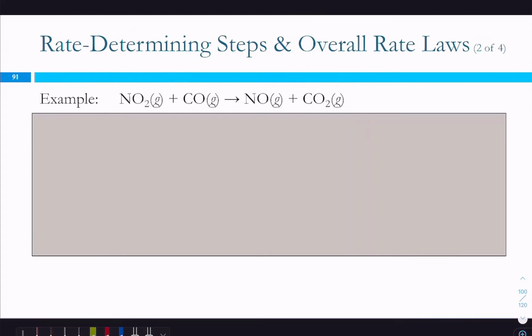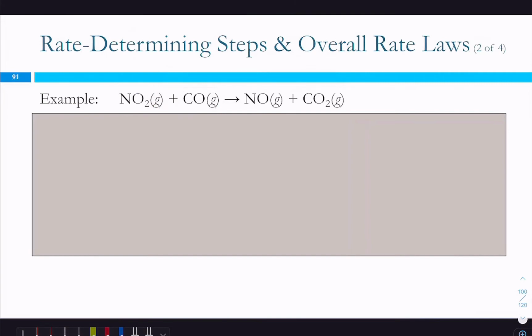These are gases, so we can use atmospheres interchangeably with molarity because the concentration is directly tied to the pressure of the gas. So we could put in like 1 atmosphere of nitrogen dioxide, 1 atmosphere of carbon monoxide, measure what the rate is, and then maybe we double our carbon monoxide.